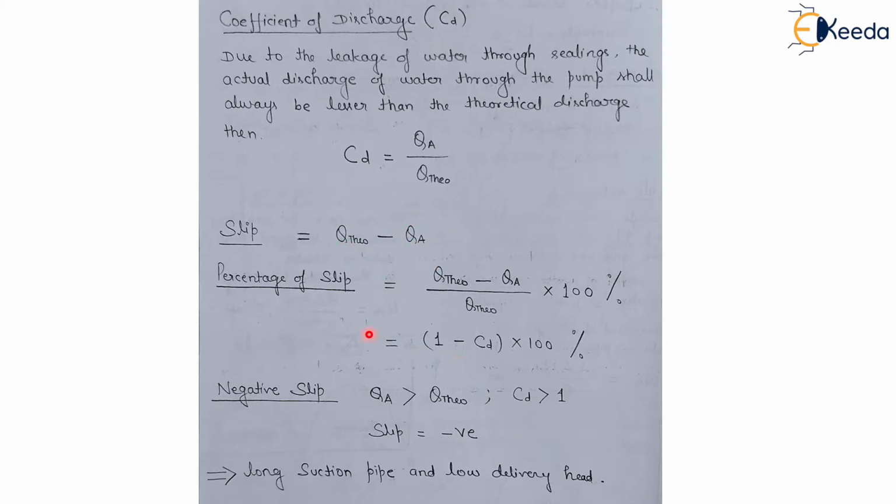That means the slip will be negative and Cd is greater than 1. This will be the case of negative slip. And negative slip will happen only in a condition when there is a long suction pipe and low delivery head. This is the coefficient of discharge, slip and negative slip.